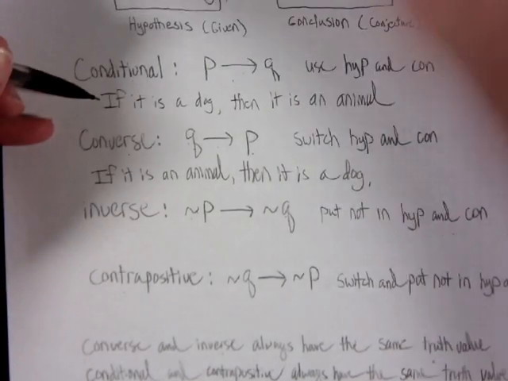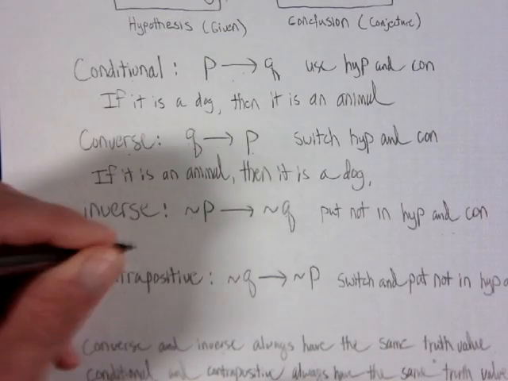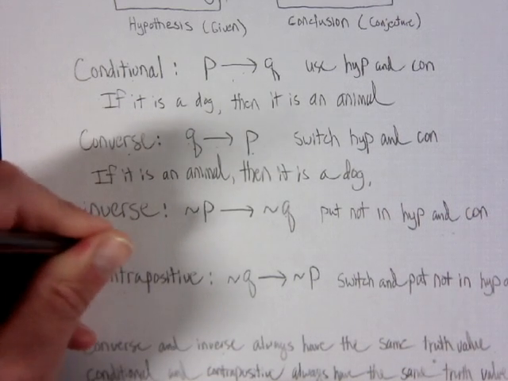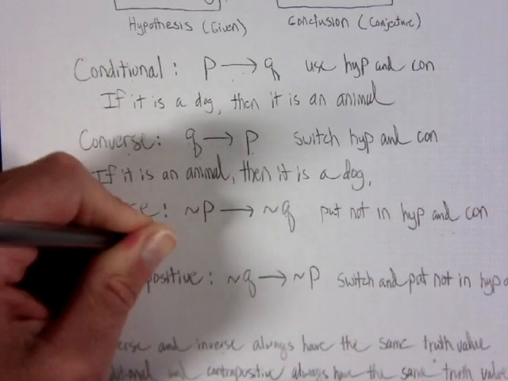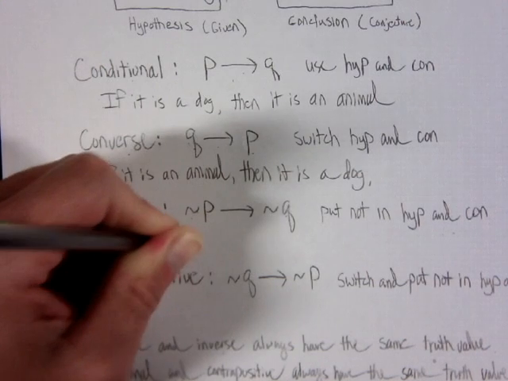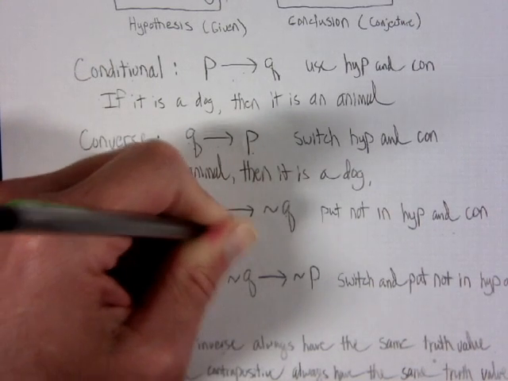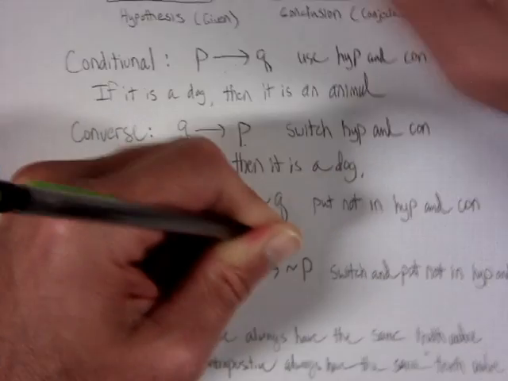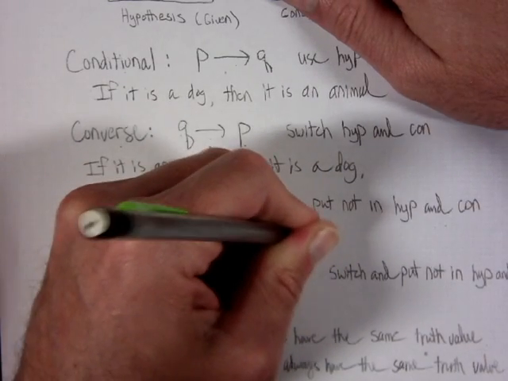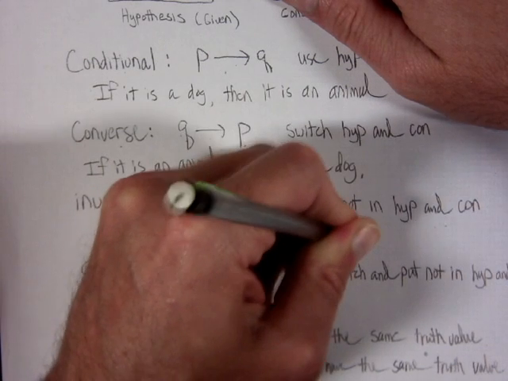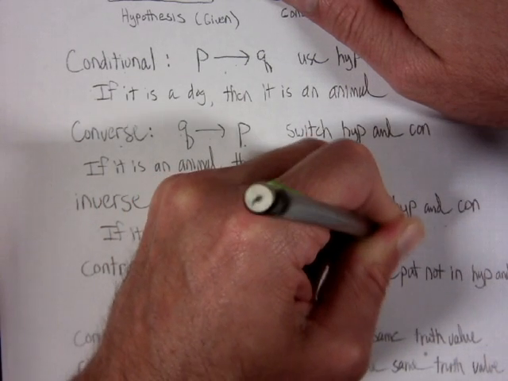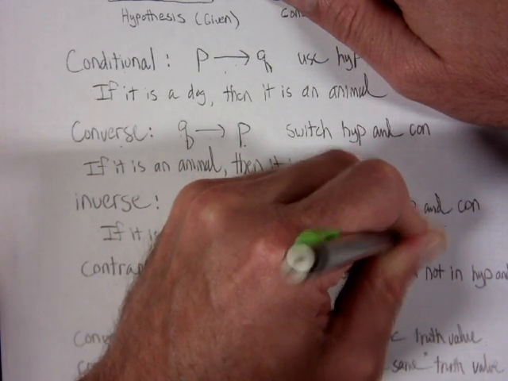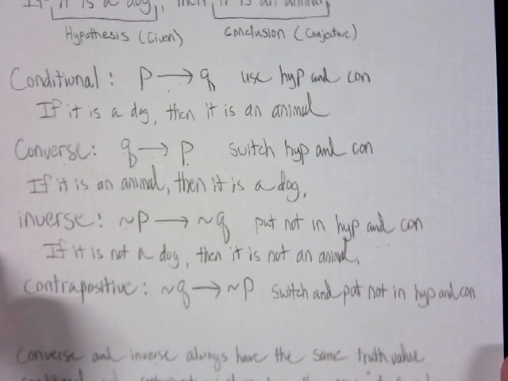So if my conditional is if it's a dog, then it's an animal, the inverse would be: if it is not a dog, then it is not an animal. That would be the inverse.